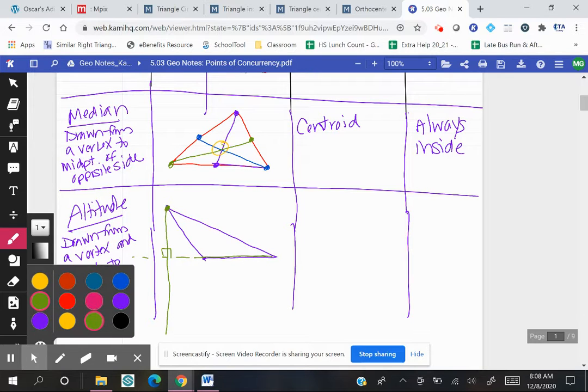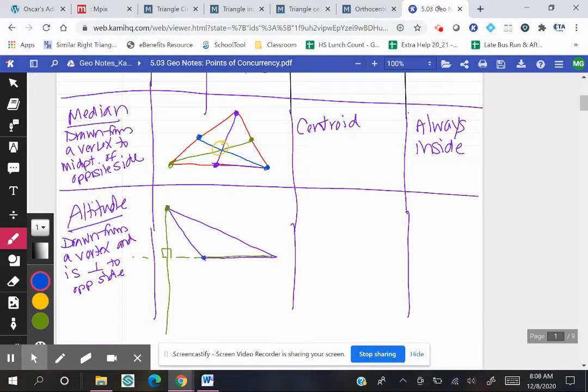All right, so let's draw the other ones here from the vertex, perpendicular to the side across from it. That one's just going to go that direction, but I want to extend that further to a straight line. It should be pretty straight.